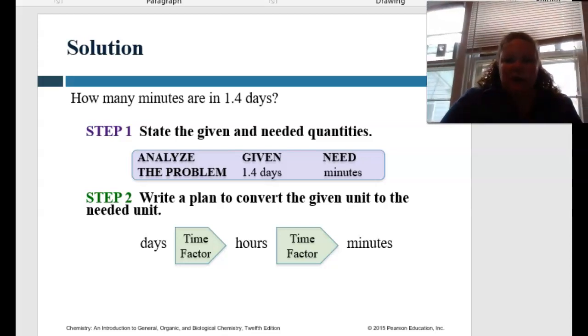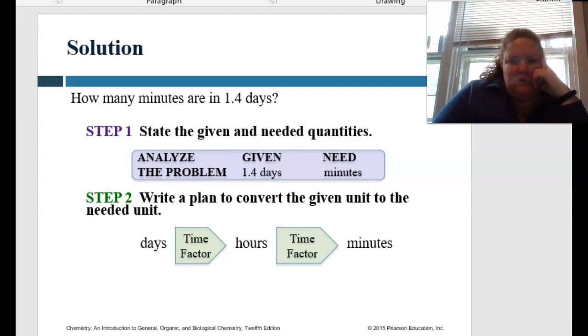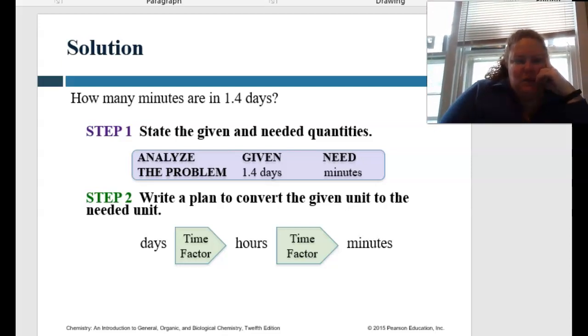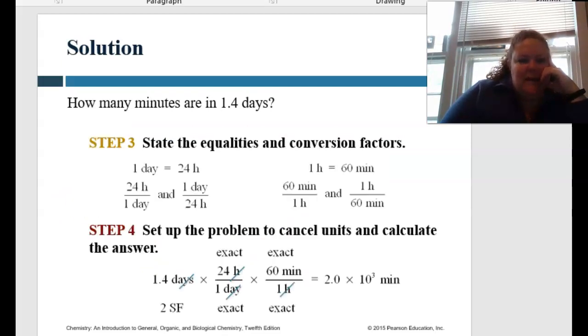So let's write this plan to convert the given unit to the needed unit. We have days, which is a time factor, hours, which is also a time factor, to give us minutes. So state the equalities and the conversion factors. 1 day equals 24 hours. 1 hour equals 60 minutes.